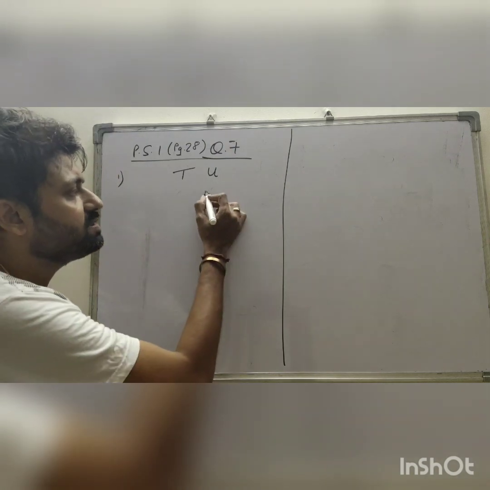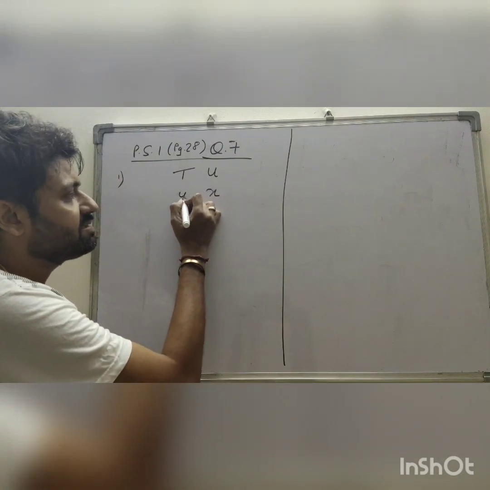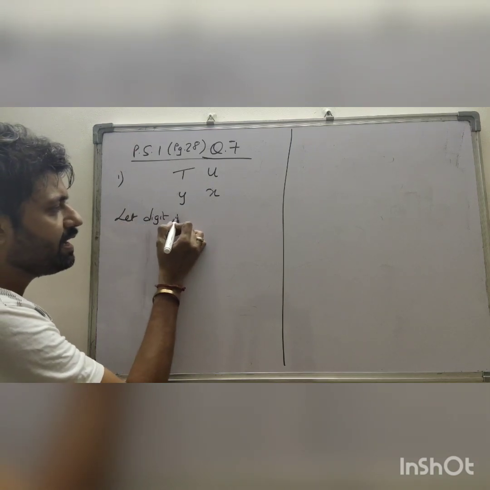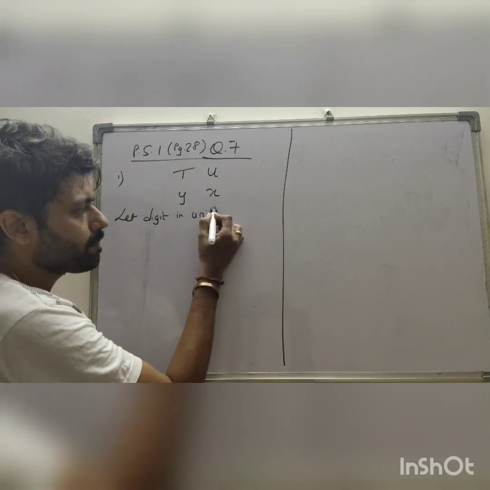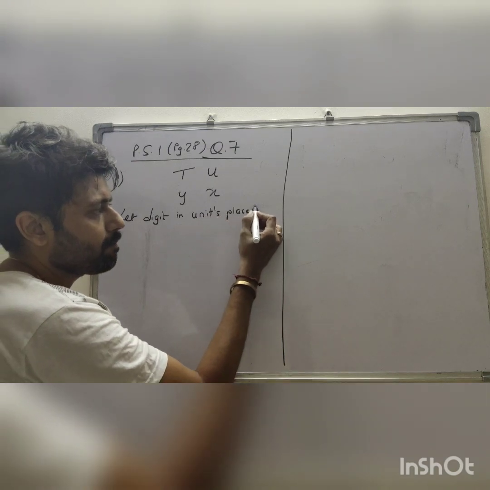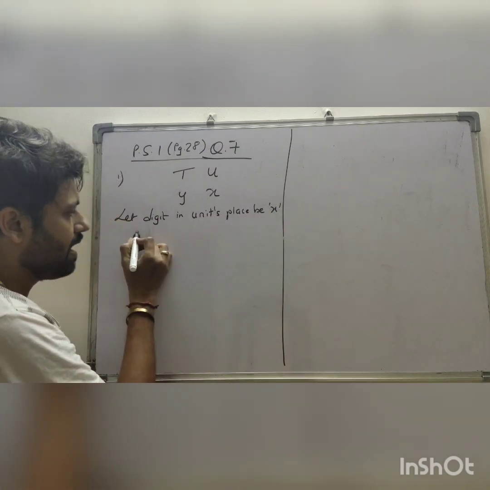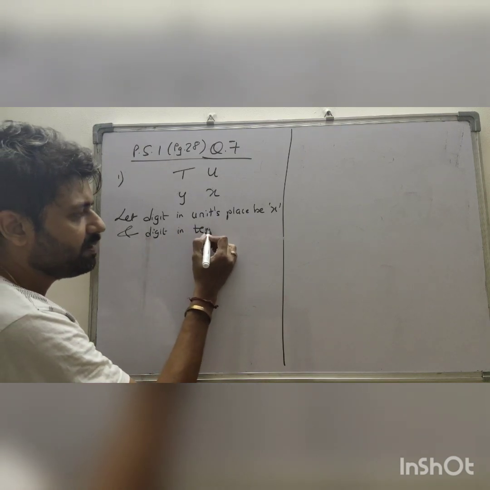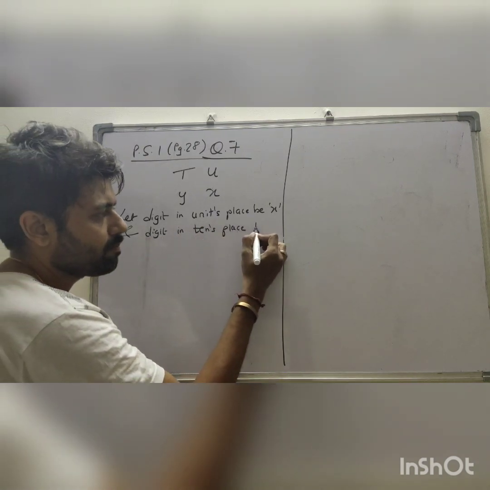They have assumed this as x and this as y. Let the digit in units place be x and the digit in tens place be y.